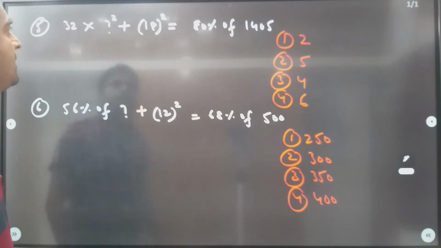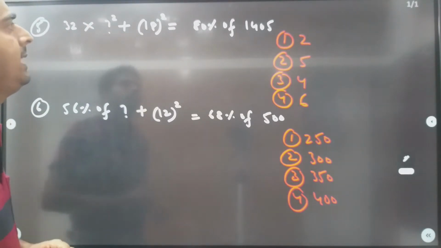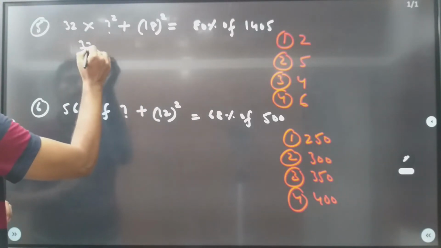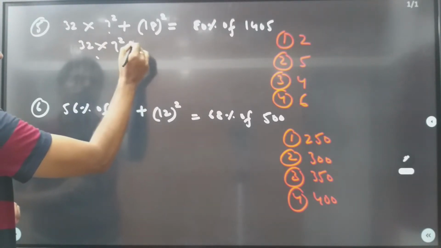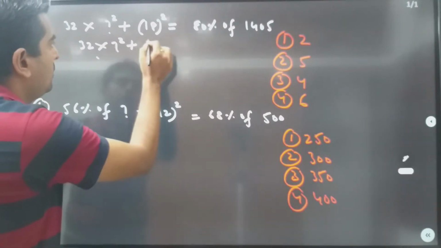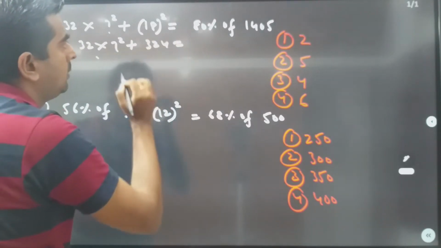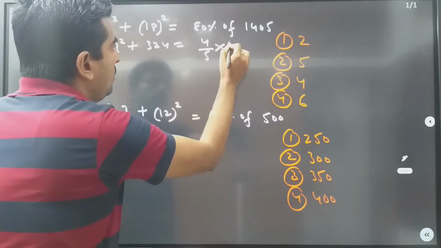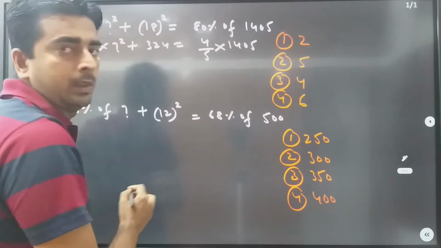32 into question mark square plus 18 square is equal to 80% of 1405. This is 32 into question mark square plus, what is 18 square? 324, is equal to 80%. What is the fraction value? 4 by 5 into 1405, right?